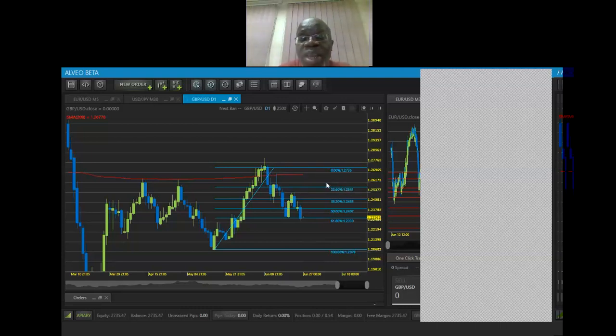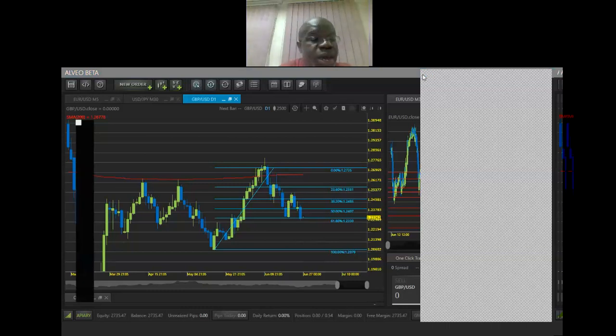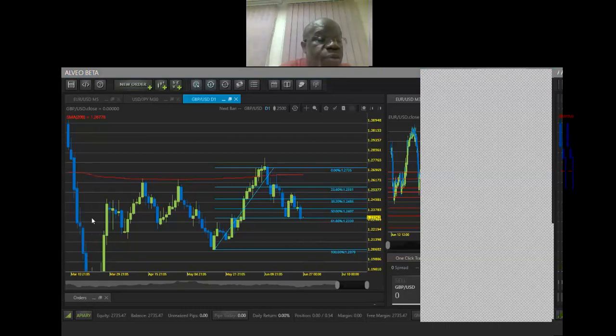That's a significant number. In this hierarchy of things here, the very important numbers are 23% and 61.8%. Those are very important numbers.